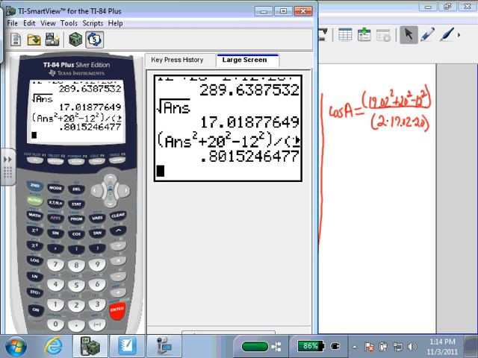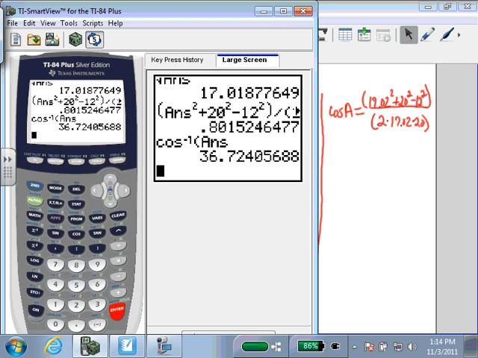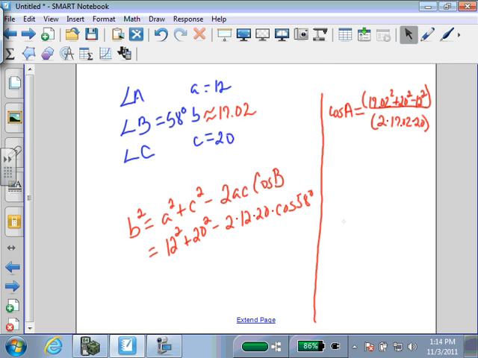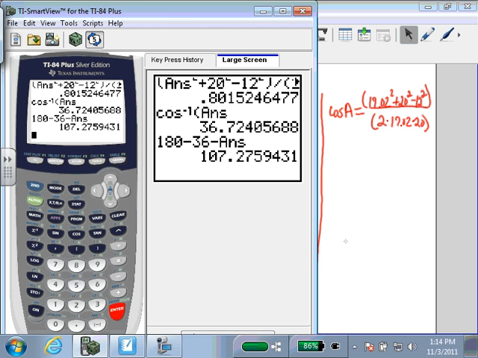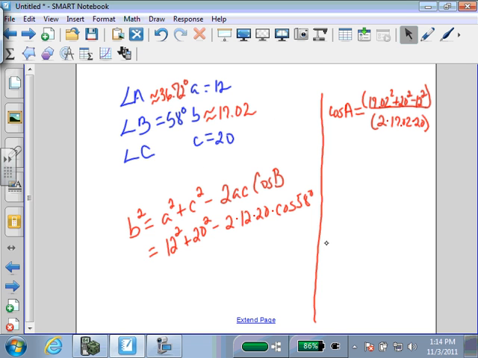And that's the cosine of A. So I'm going to do inverse cosine of my answer, and that gives me approximately 36.72 degrees. And now I'm just going to do 180 minus 58 minus 36.72, and I get about 107.28 degrees.